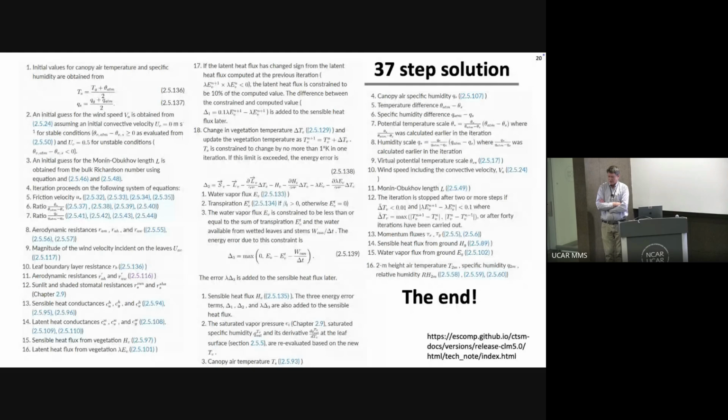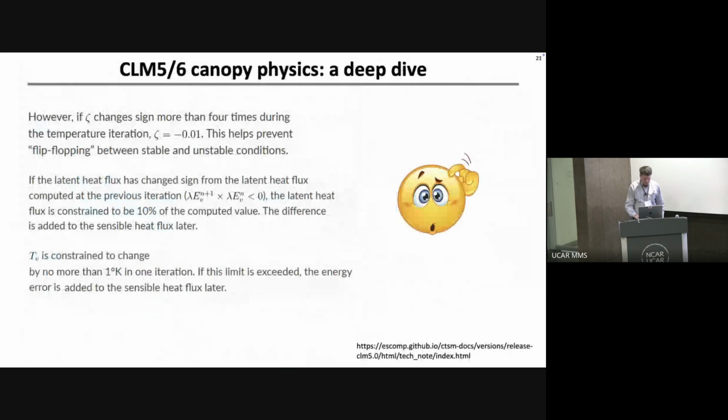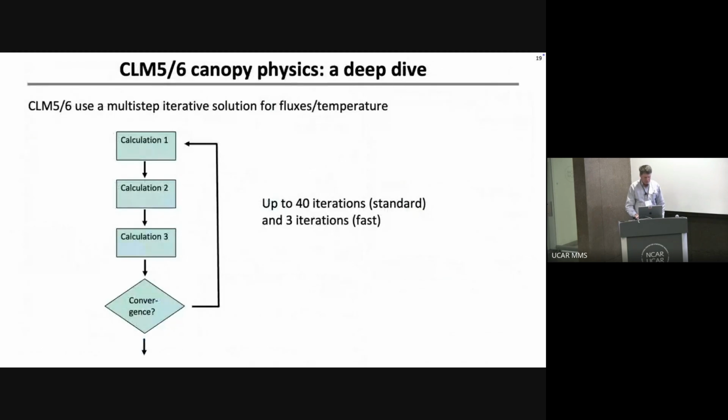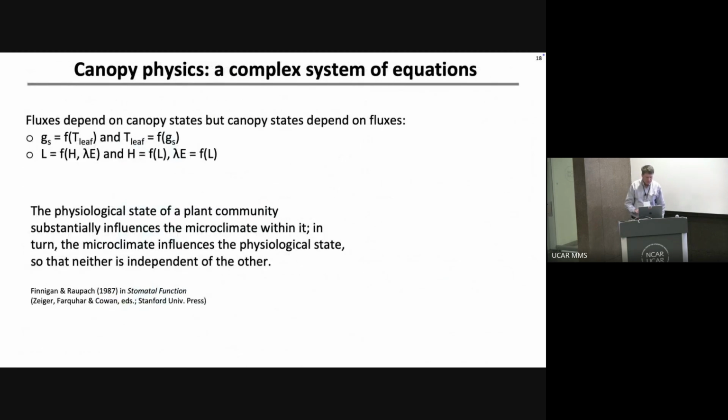You could use a 30-minute time step, but he's actually solving a system of equations simultaneously, and calculating all the partial derivatives. What Martyn is trying to do with SUMMA is calculate these dependencies through partial derivatives, and then use a Newton-Raphson approach to update the canopy fluxes and states.